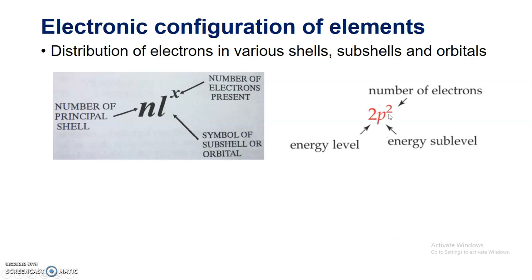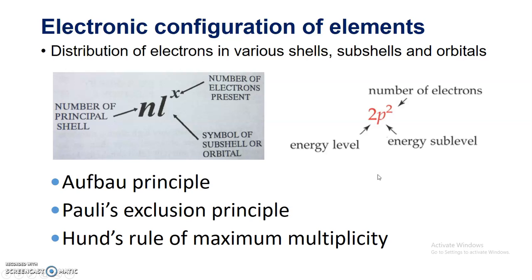For example, if the electronic configuration is 2p2, then this 2 is the principal quantum number. It indicates the energy level of the electron. p stands for the subshell or sub energy level, and this number 2 is the number of electrons.